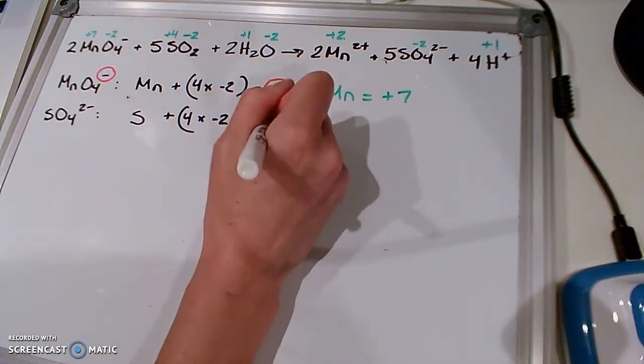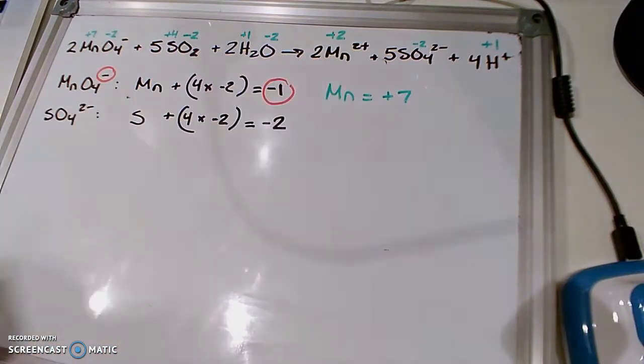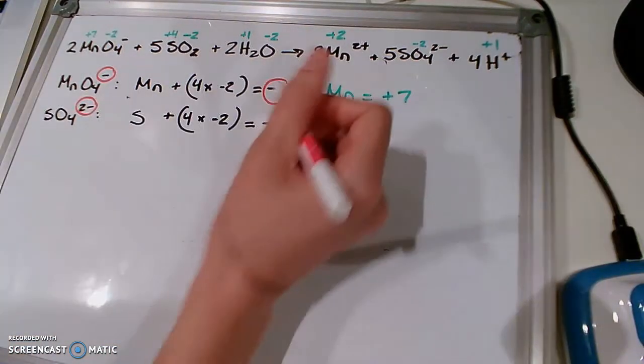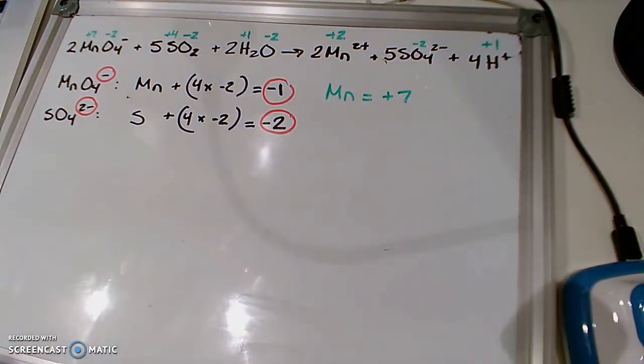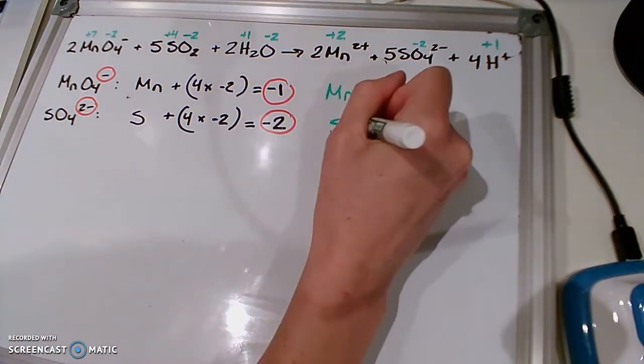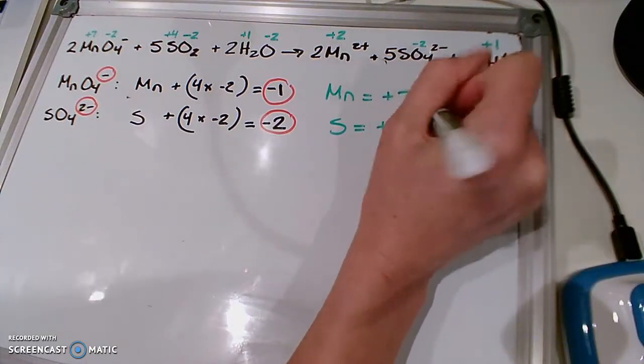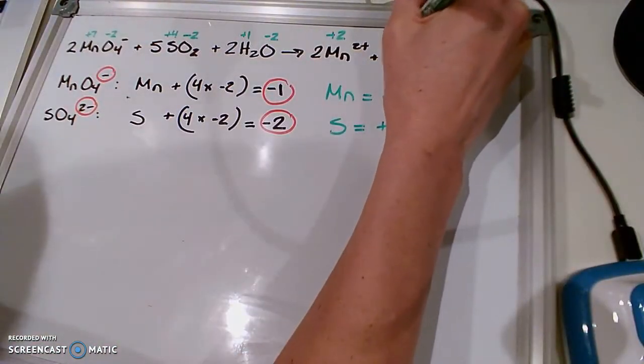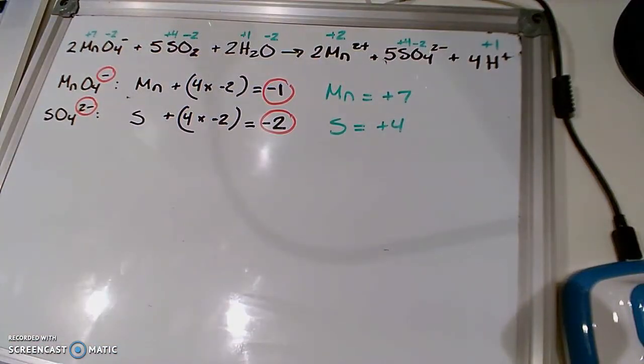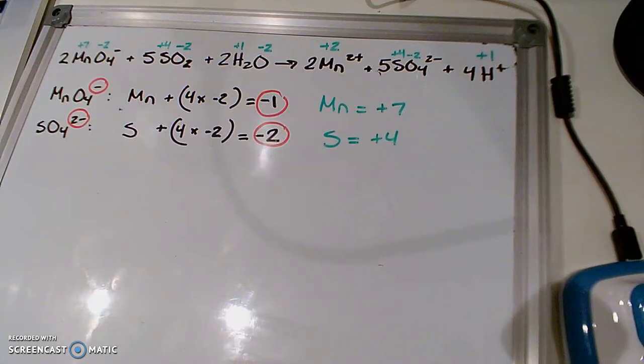Together, this all needs to add up to -2, and again, that is because of the charge on this polyatomic ion, so the oxidation numbers need to add up to that same charge. After we do this math, we see that sulfur has an oxidation number of +4. So we will write that right here. Okay, so now we have assigned oxidation numbers for every element in this reaction.